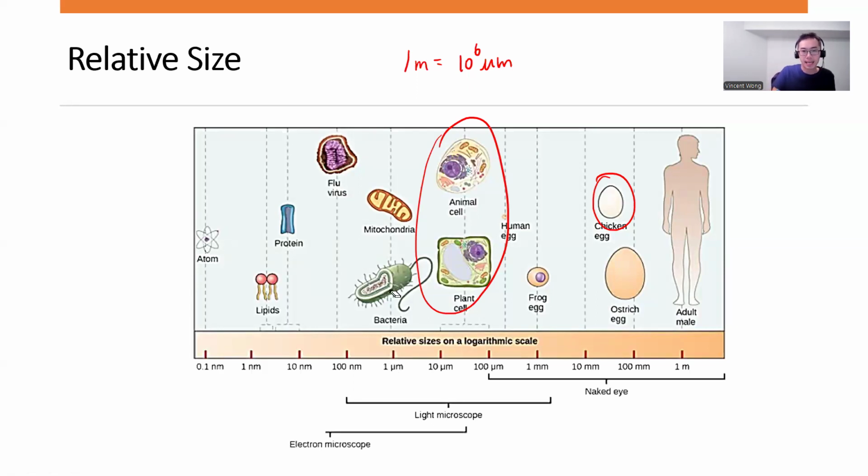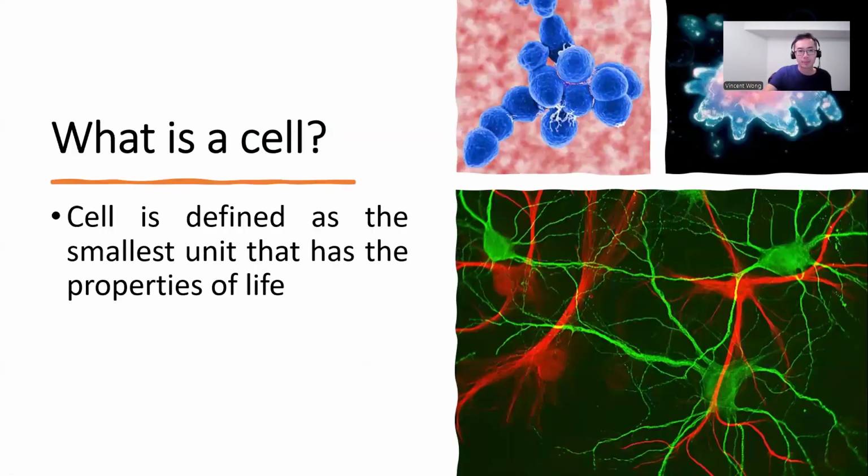They are a similar size as bacteria. Viruses are even smaller. They're measured in nanometers. 1 meter has 1 billion nanometers in them. Okay, so this just gives you a little bit of an idea of how big these things are.